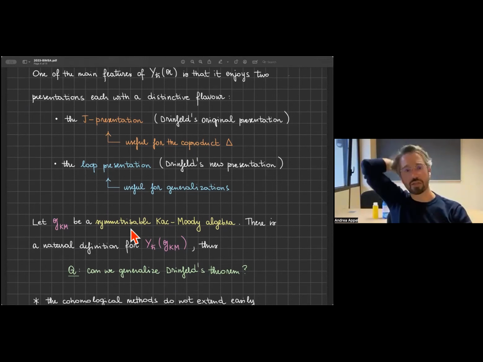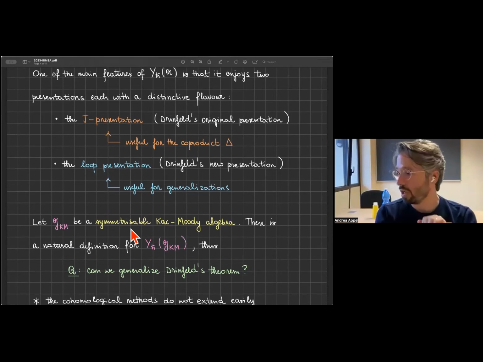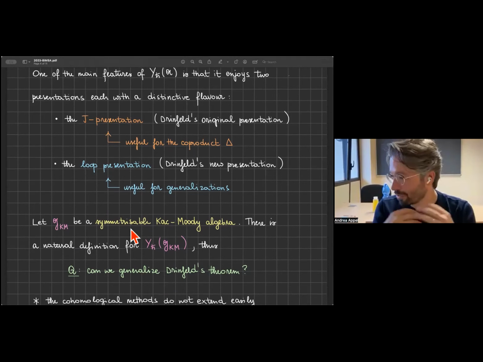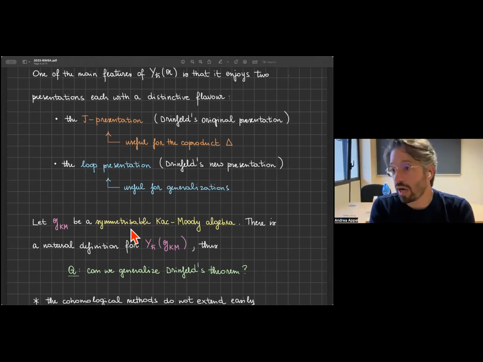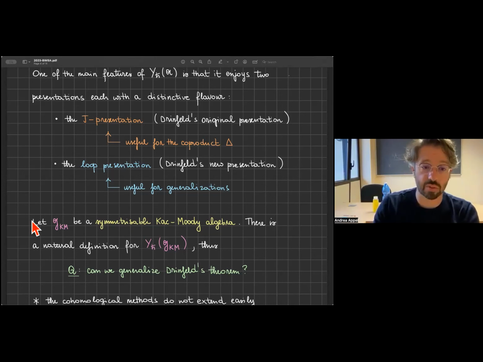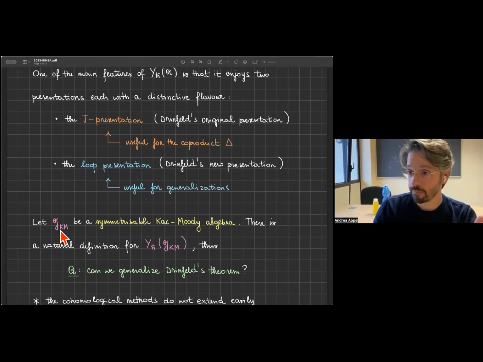So I can take this long list of infinitely many generators, this very long list of relations, and build out, by generators and relations, an algebra which I will call the Yangian of a symmetrizable Kac-Moody algebra g.